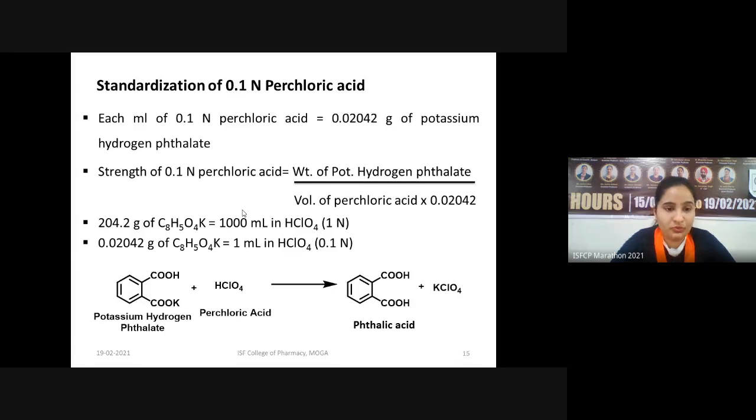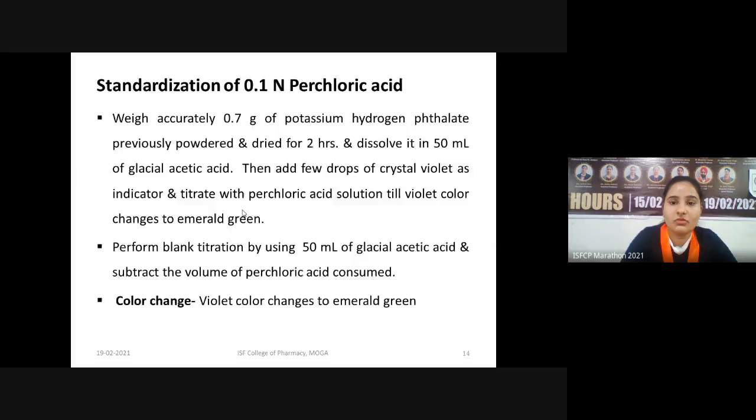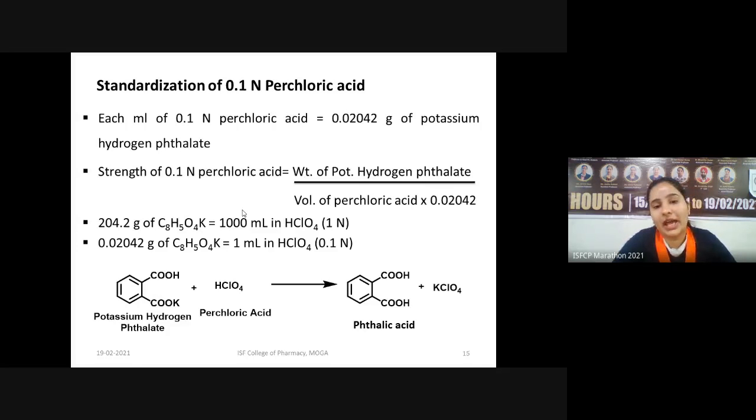So from this we get that 204.2 gram of potassium hydrogen phthalate is equal to 1000 ml of perchloric acid. So 0.02042 gram of potassium hydrogen phthalate will be equal to, by the simple unitary method, 1 ml of perchloric acid.